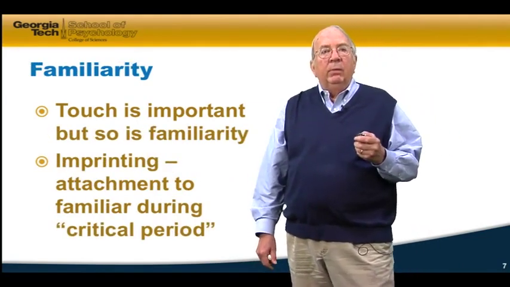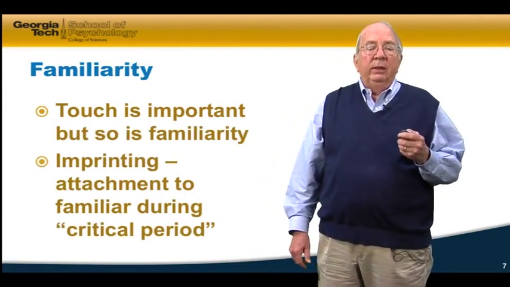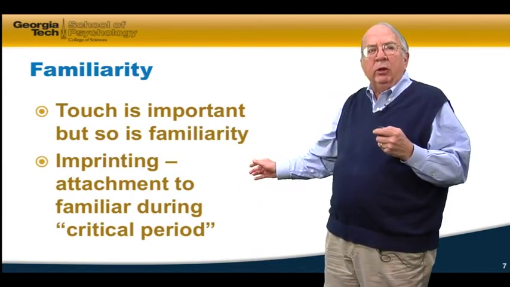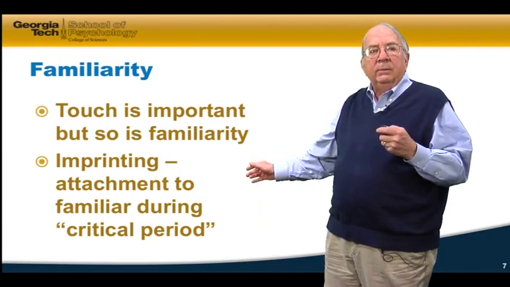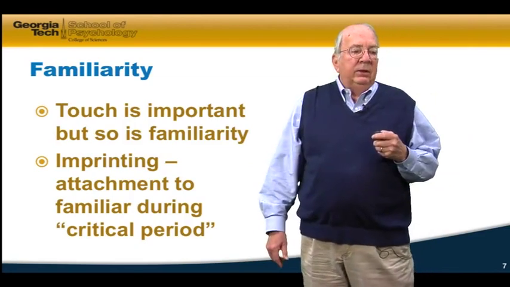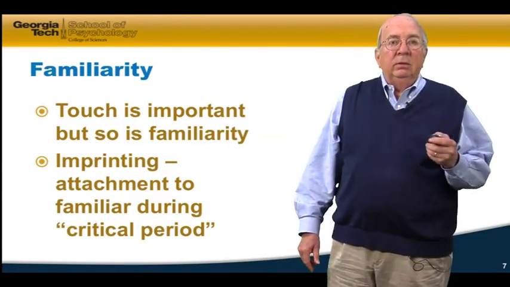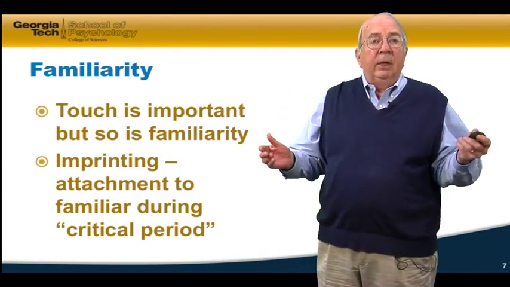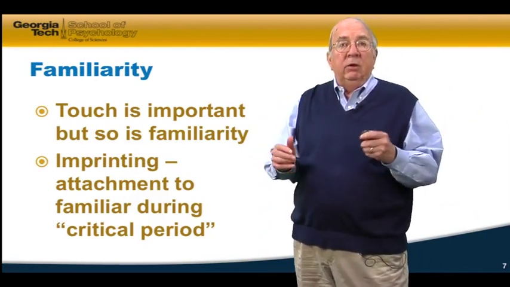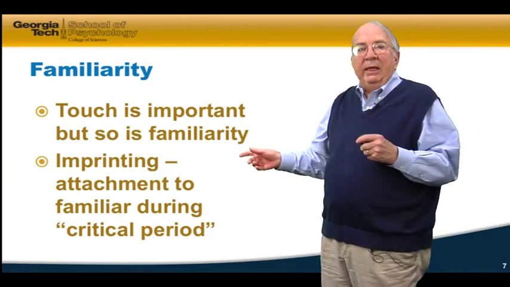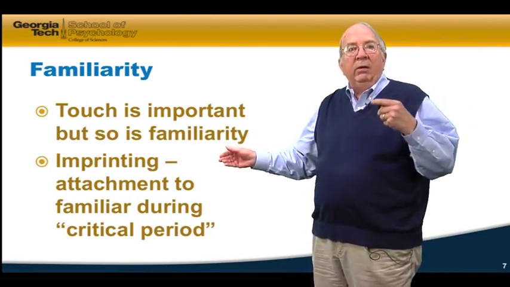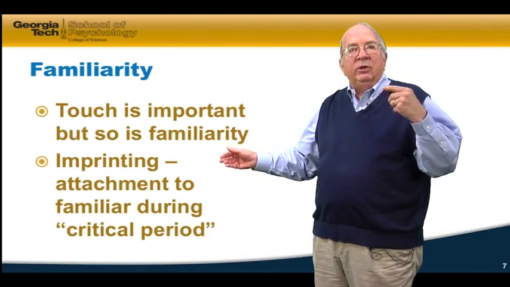But also, touch is important, but also familiarity is important. For example, we know with lots of animals, there's a critical period for developing attachment early in life. In fact, if certain animals do not have a mother, if their mother died while they were still very small infants, the object that they are familiar with, the one that's there, they'll develop attachment to that object.